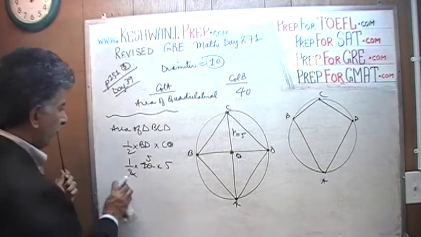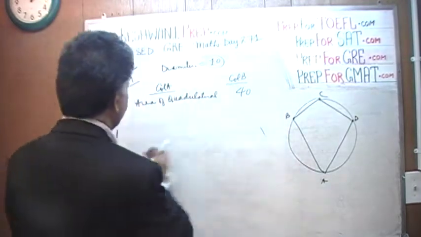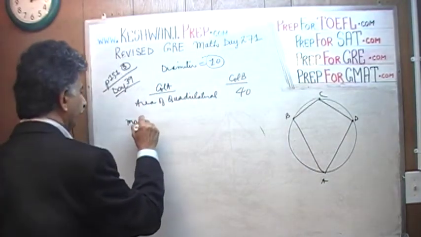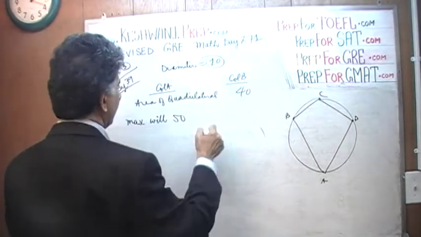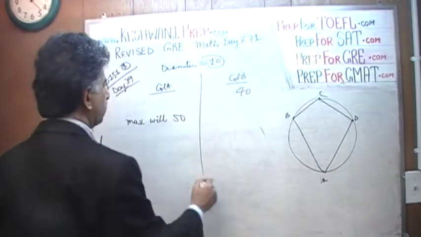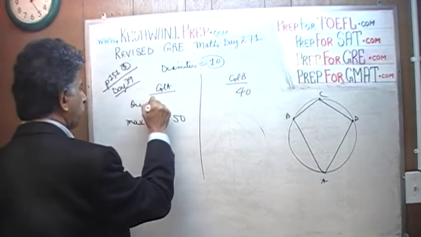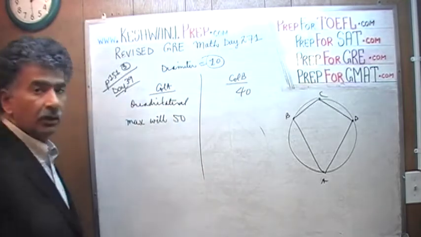I need the room, so we need to erase it. Maximum will be 50. Talking about this column A here, the maximum area of the quadrilateral is 50.